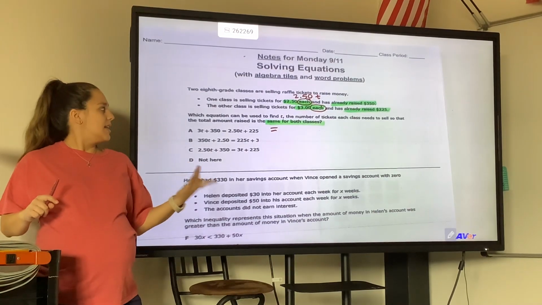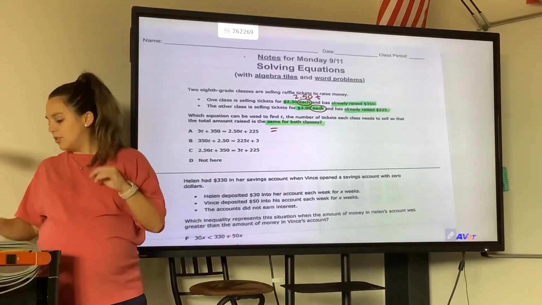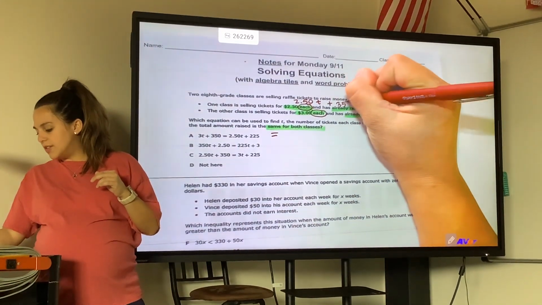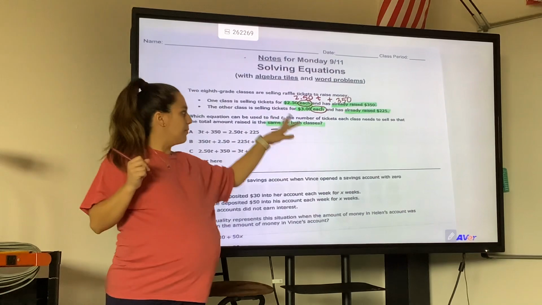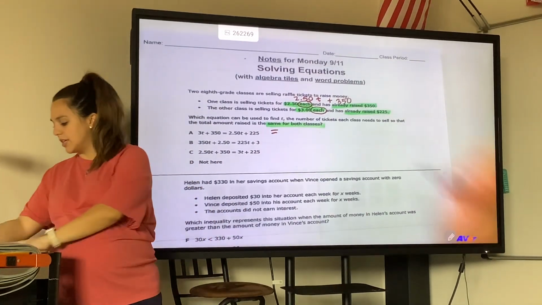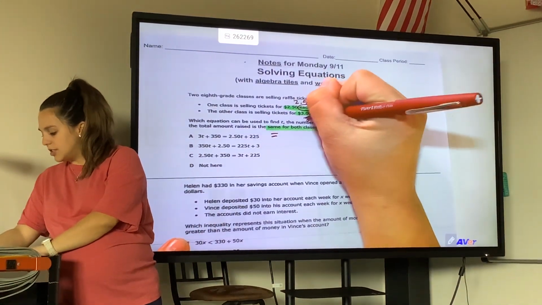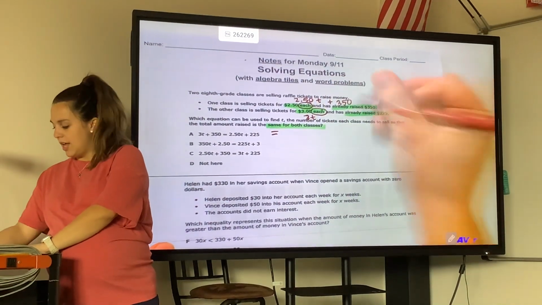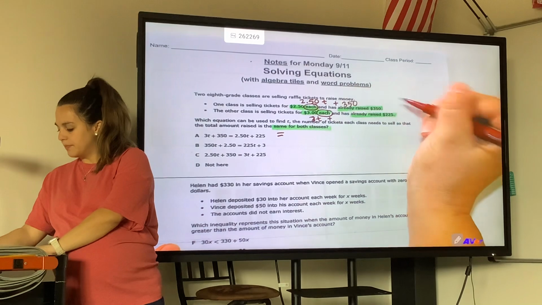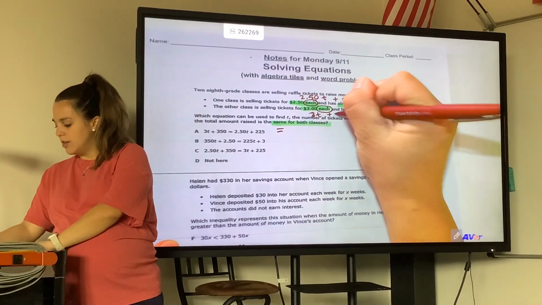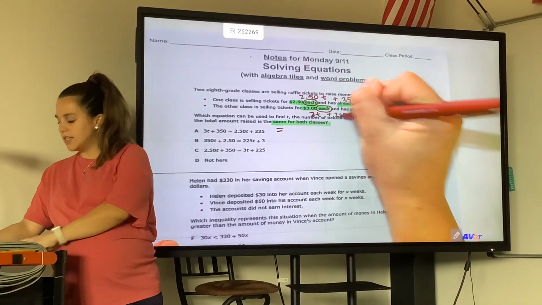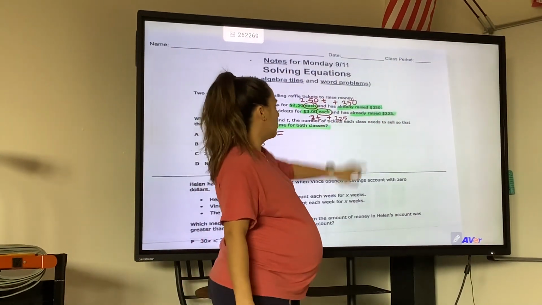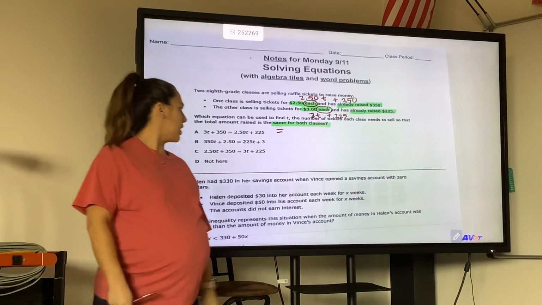Then it says they already raised $350, so let's use a plus $350 on that one. I'm just writing this stuff down. The next one says $3 each ticket, so I'm going to write 3t like that because it is per ticket. And then a plus sign because they already raised $225. Whatever they would have raised from selling the tickets is going to be added to the $225 that they already have.